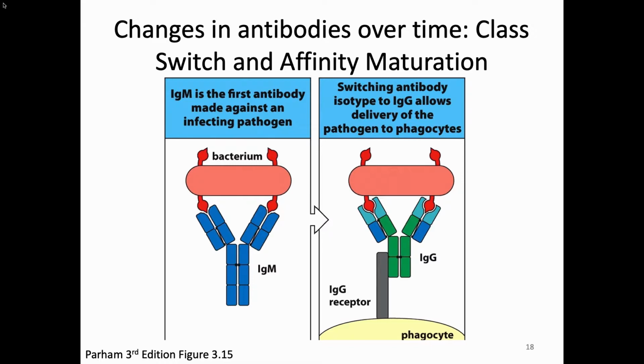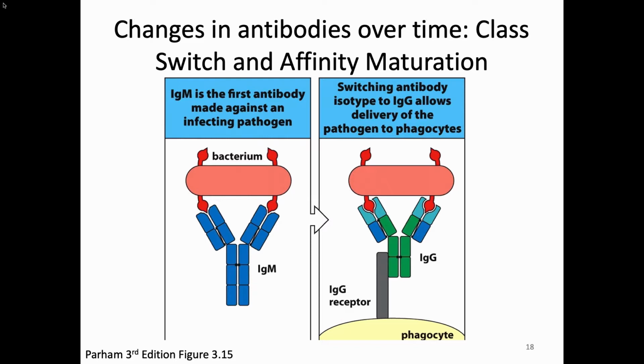One of the changes that we can see is that the antibody will switch the isotype. All antibody responses start out as IgMs, but we will in fact see switches to other isotypes.